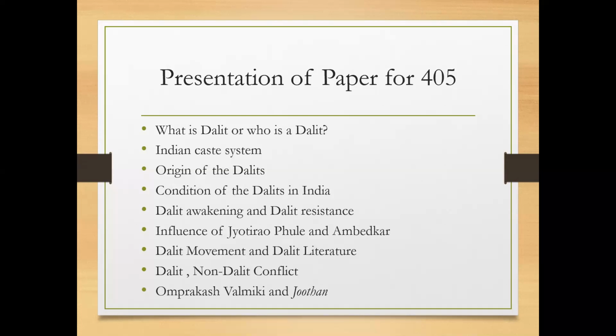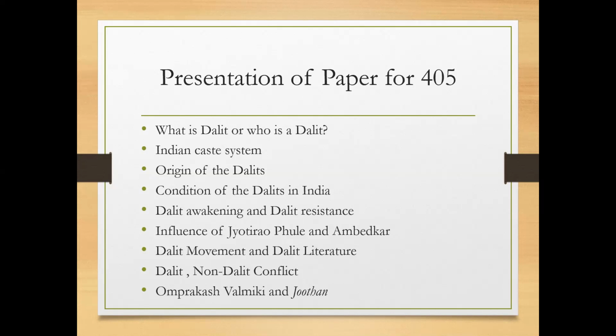Then you have to show the condition of the Dalits in India from the beginning. Whenever you show their derogatory condition, their pains, their humiliations, you have to show their resistance, their awakening and Dalit resistance. And when you discuss Dalit awakening and resistance, you have to mention two persons: Jyotirao Phule and Ambedkar.